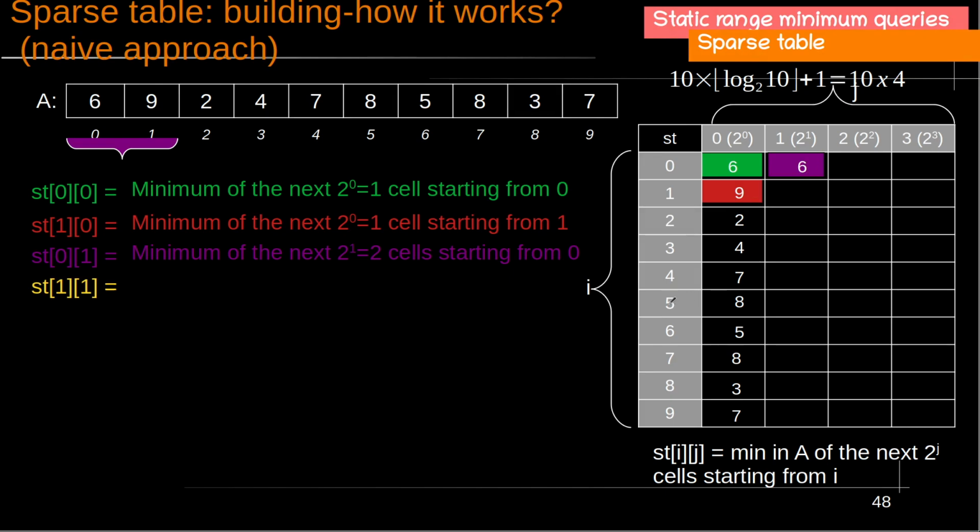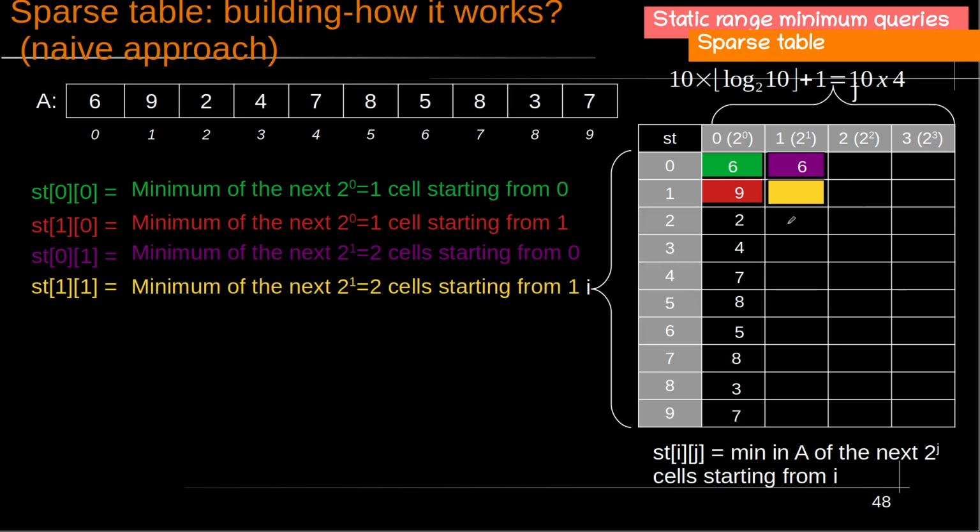ST[1][1] is the minimum of the next 2^1 cells starting from 1. These 2 cells, so the minimum between 9 and 2. So 2. And so on for the others.